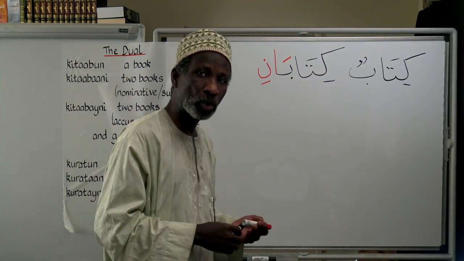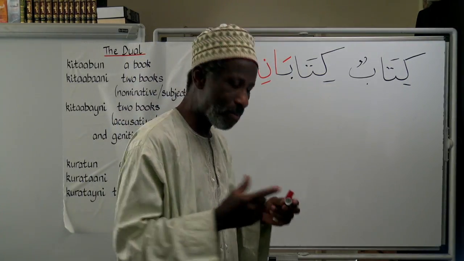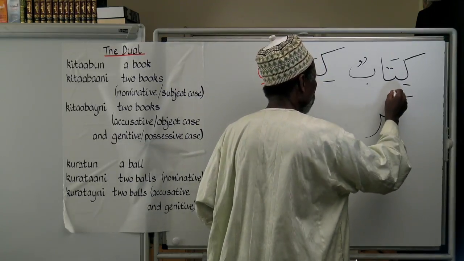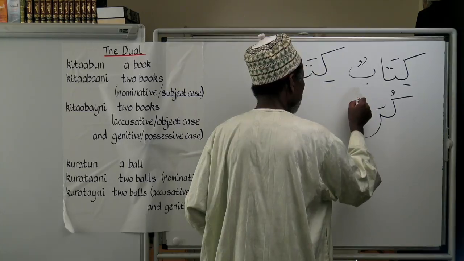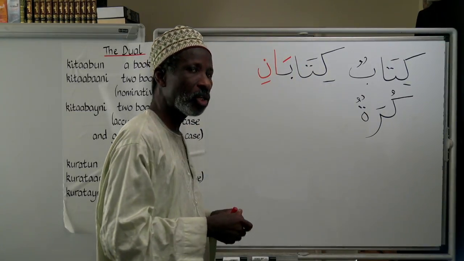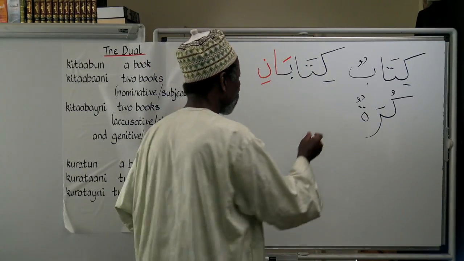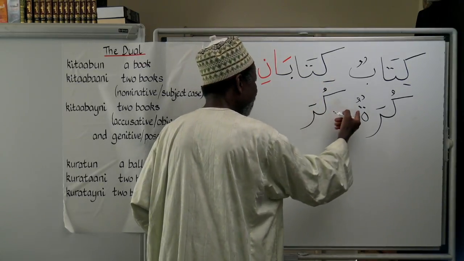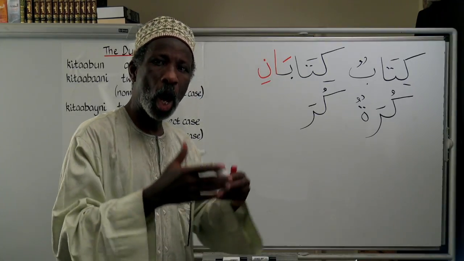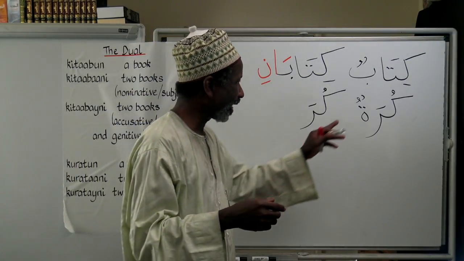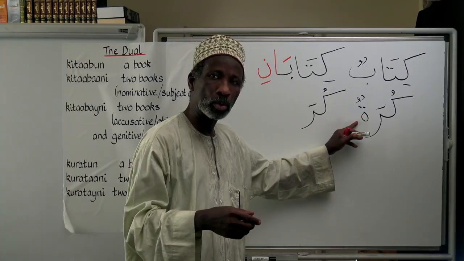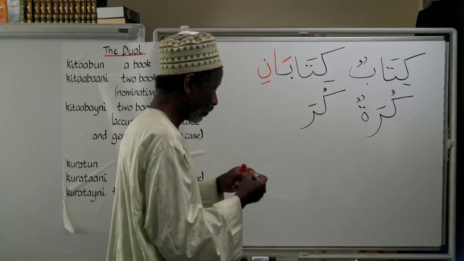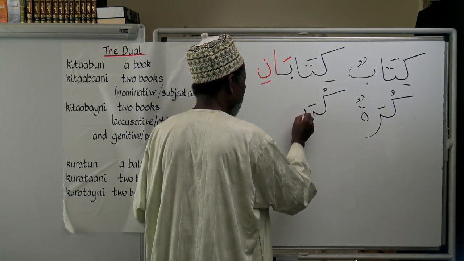Let's use kuratun, which is feminine. So kuratun, a ball. If you want to say two balls, we will write ku, ra. Now this ta marbuta has to be opened up because you're not allowed to attach anything to ta marbuta. Instead, you convert it into a normal ta. So we're going to write ta now.